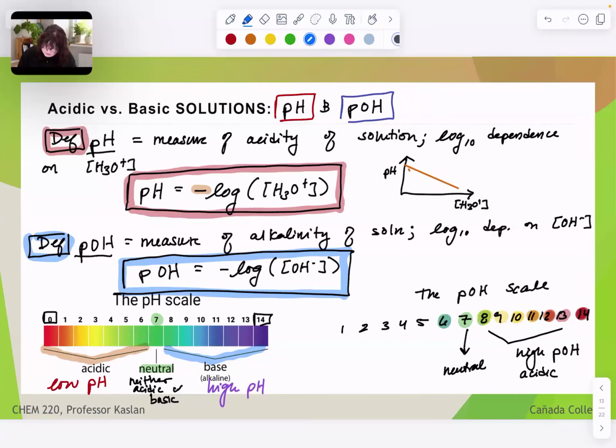So I know it seems kind of confusing because they're really similar, but the idea is that pH and pOH are exact inverses of one another. All right, so here then in our low pOHs, we are basic.